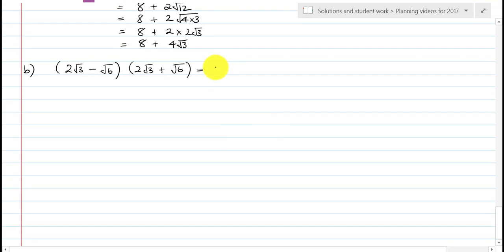So first I will distribute the first bracket. 2 root 3 times by 2 root 3 plus root 6, minus root 6 times by 2 root 3 plus root 6. And this is equal to 2 root 3 times 2 root 3. I multiply the numbers to give me 4. And then I have root 3 times root 3, which is root 3 squared.